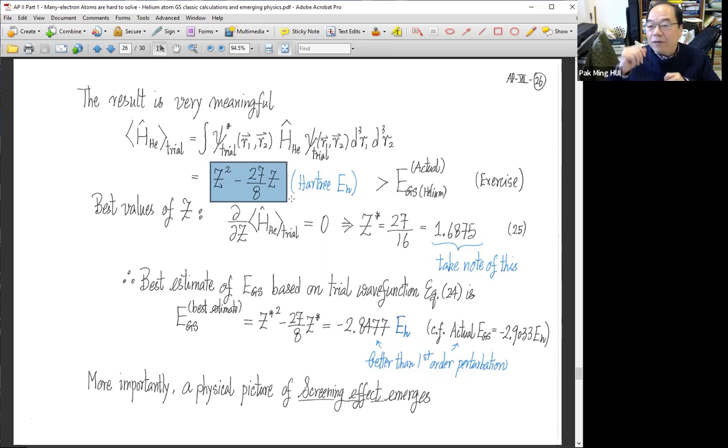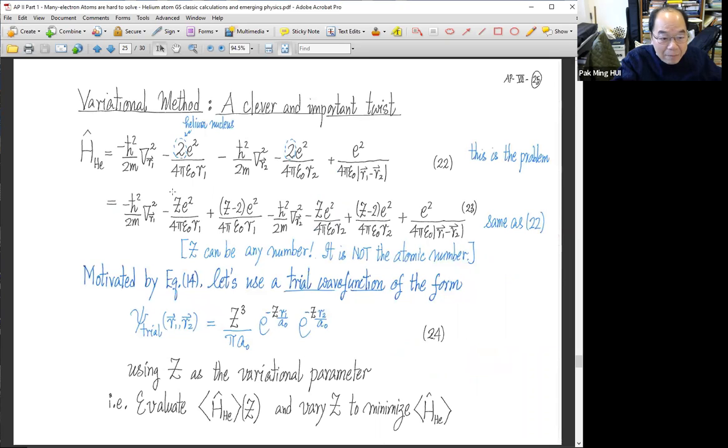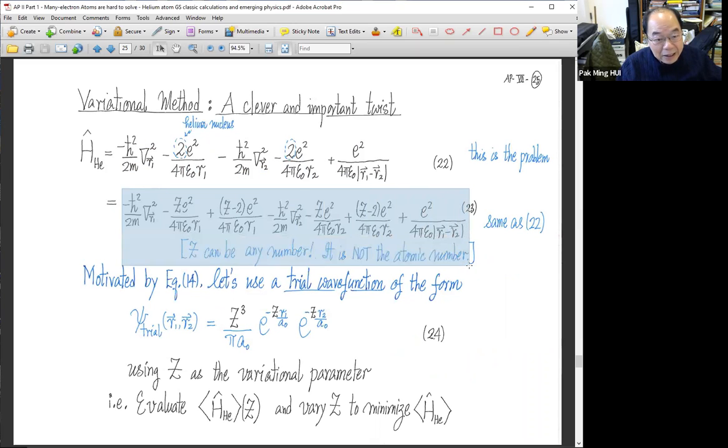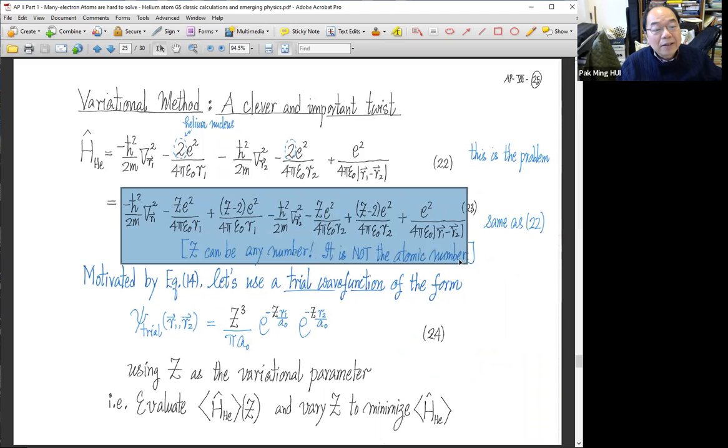Okay, so again, if you want to know more about atomic units, read the 2-page appendix. I have a 2-page appendix introducing this set of units. One student asked if I am introducing Z into the Hamiltonian. The answer is no. I'm using this as the Hamiltonian, but I'm saying this is exactly that mathematically.